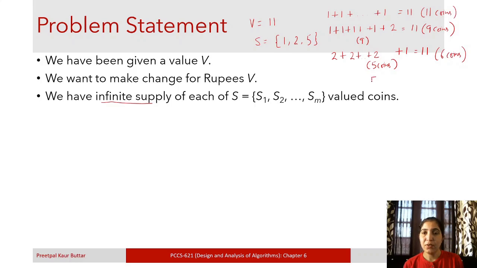Even better, we can use two 5 rupee coins and a 1 rupee coin, and in this case we will need only 3 coins. So what is our purpose? Our purpose is to reduce the number of coins as much as possible. We want to use the minimum number of coins. This is the optimal solution, right?